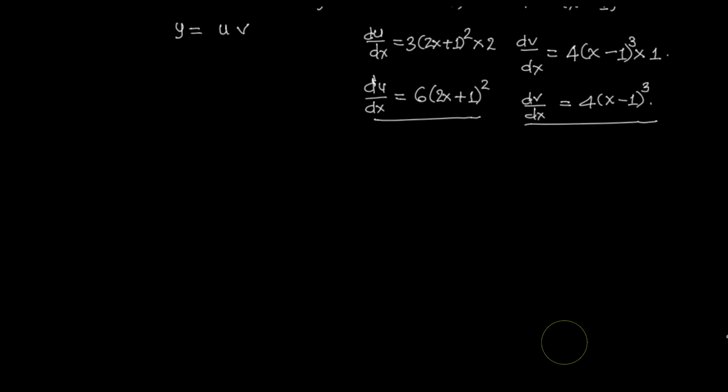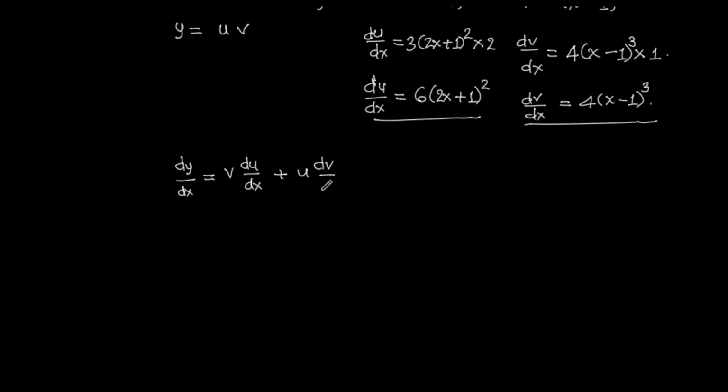And our product rule says dy by dx is given by v times du by dx, or you can start with u dv by dx. So let me go by this formula.